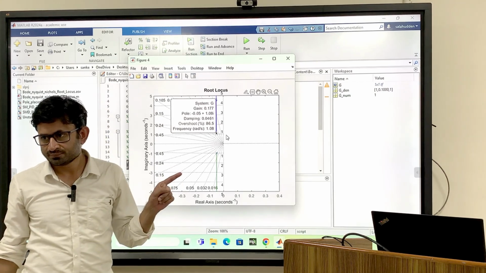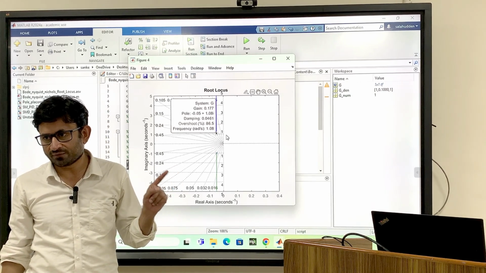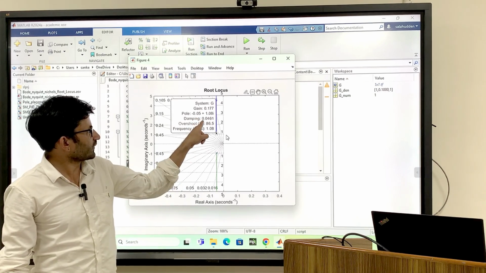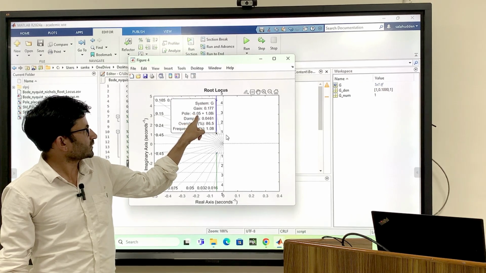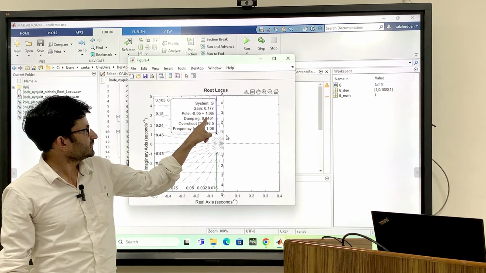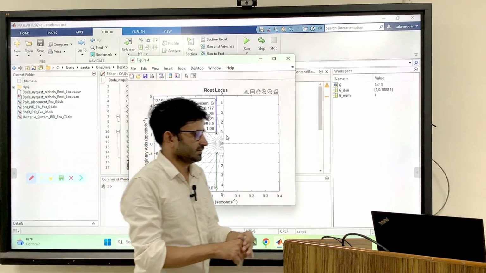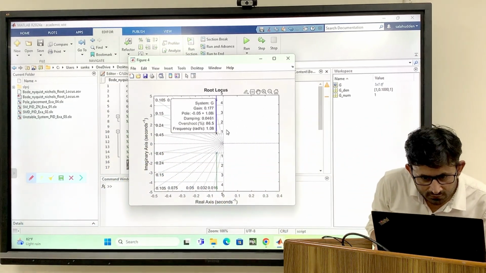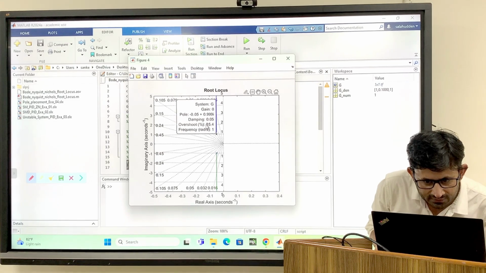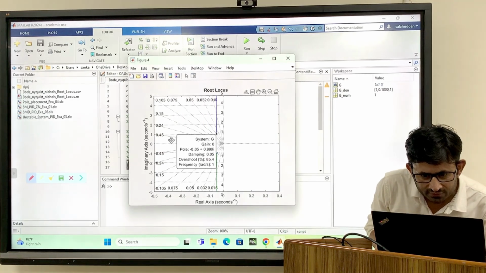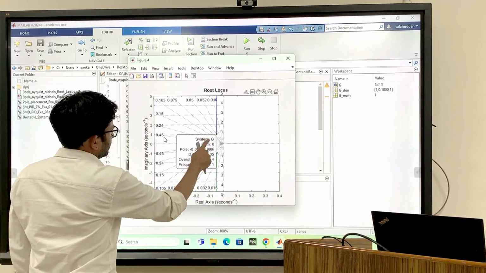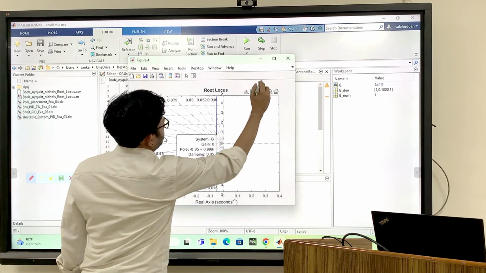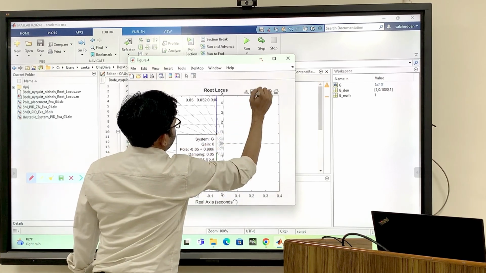The damping is 0.05, as we considered, and the gain is 0, because this is the natural location and you have not manipulated it.